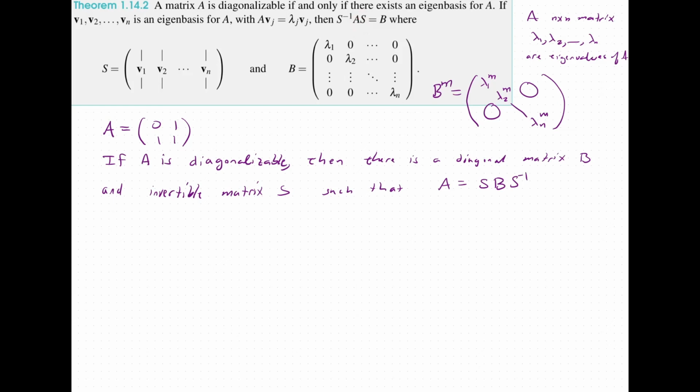Then we multiply again on the right hand side by S inverse, and S times S inverse being the identity, we have S times B times S inverse equals A. And now, as a consequence, we get that A to the n is equal to SB S inverse to the n, which is the same as saying SB S inverse, SB S inverse, all the way to SB S inverse, where we're doing this n times.